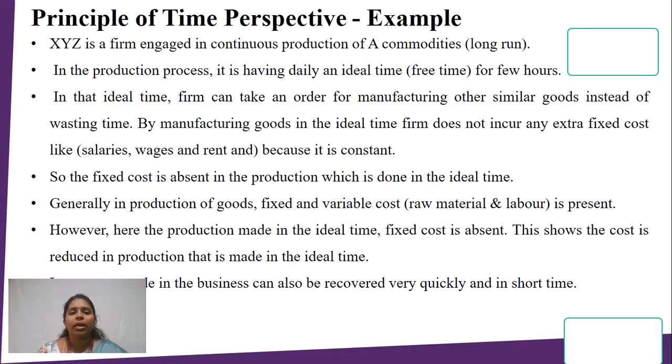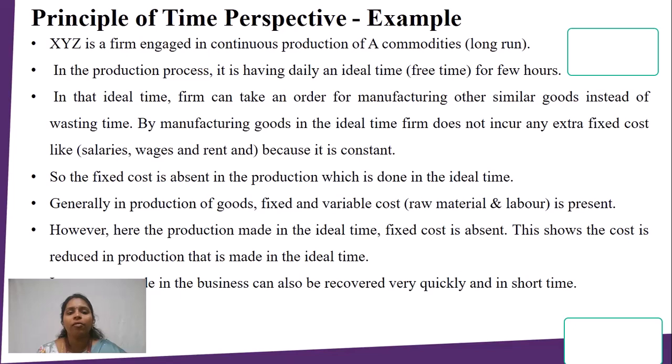In that idle time, the firm can take an order for manufacturing other similar goods instead of wasting the time. By manufacturing goods in idle time, the firm does not incur any fixed costs like wages, salary, rent, etc., because the existing idle capacity is used to manufacture other similar products.